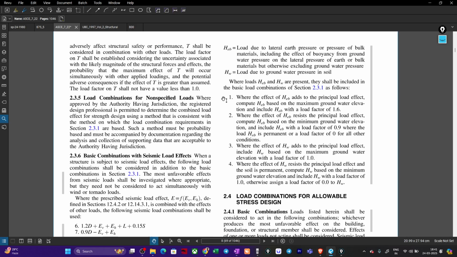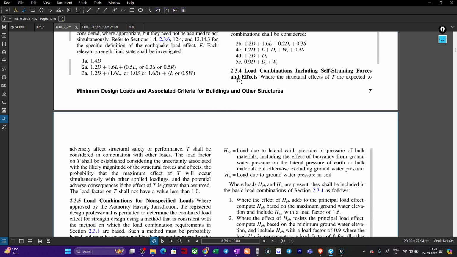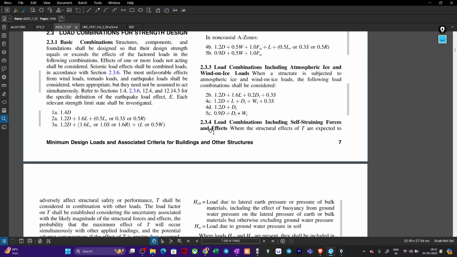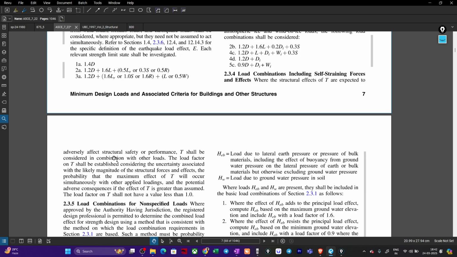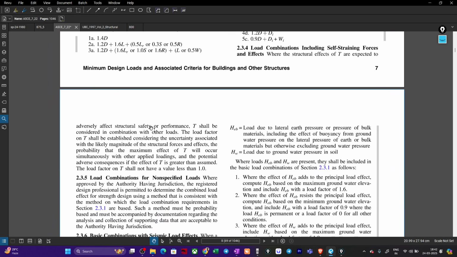Now if you just go down here, in 2.3.4 in ASCE 7-2022, it is mentioned that the load combinations including self-straining forces and effects where structural effects of T, that means temperature load or other conditions that is mentioned here, are expected to adversely affect structural safety or performance, T shall be considered in combination with other loads.